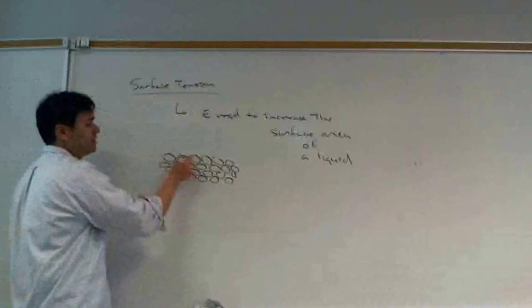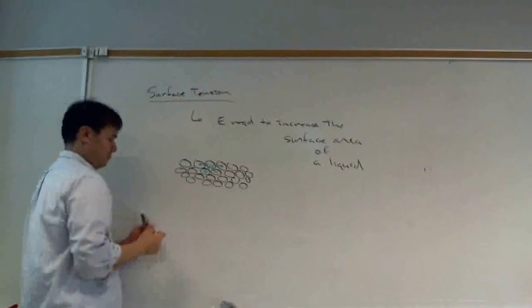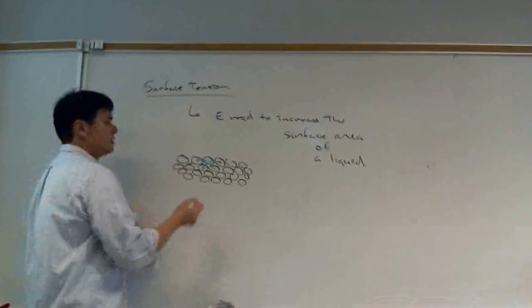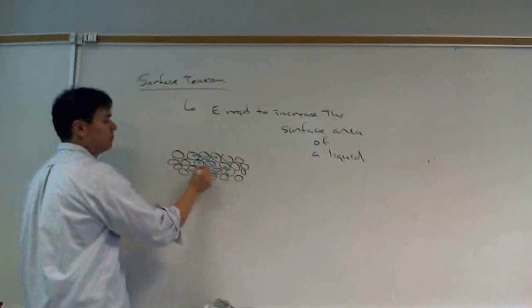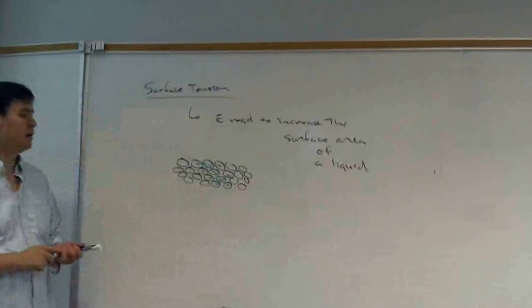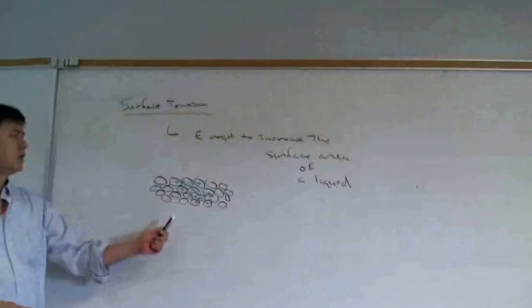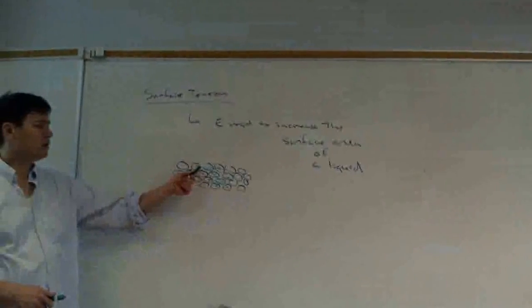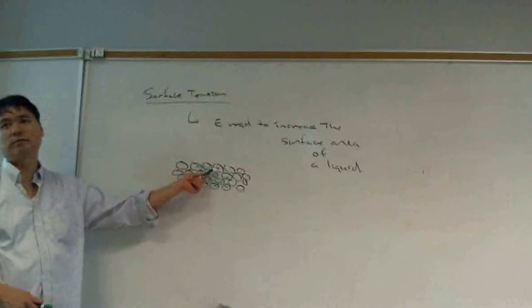If we look at a surface molecule versus an interior or bulk molecule, the interior molecules are going to be stabilized by intermolecular attractions all around them in 3 dimensions, whereas a surface molecule is only going to be stabilized by intermolecular attractions going in towards the liquid.